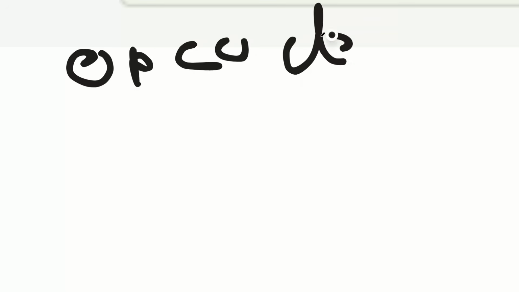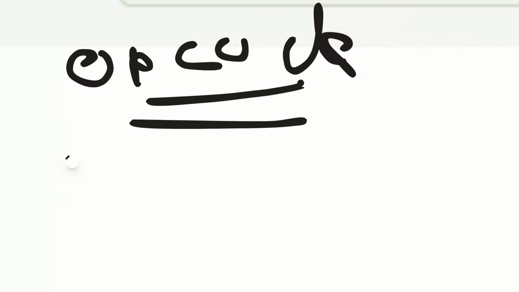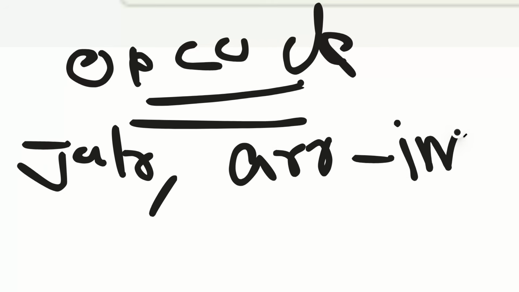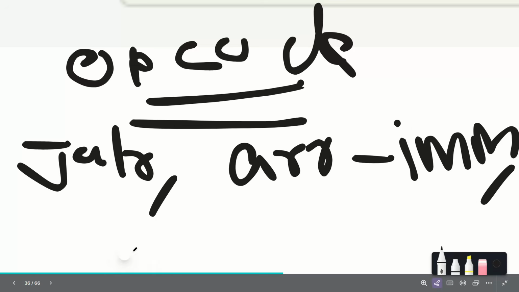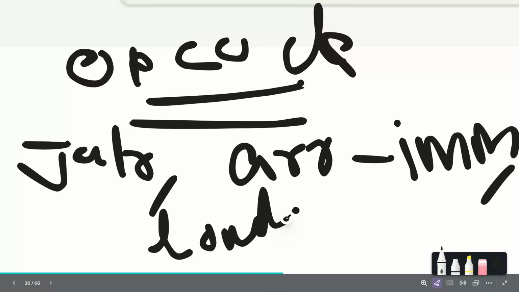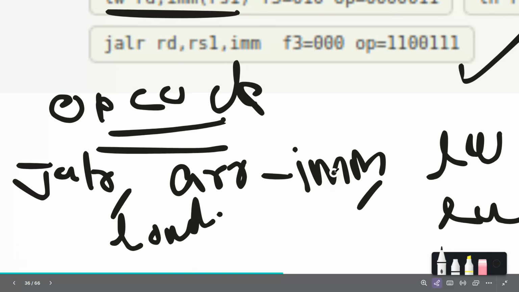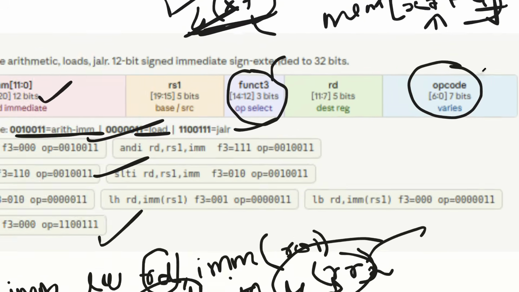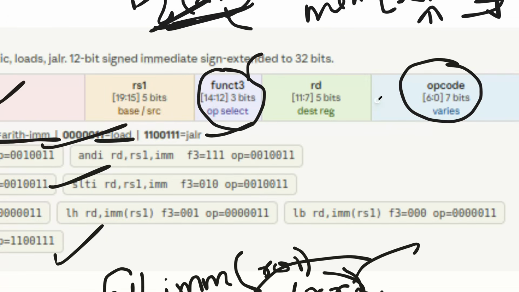In I type you have to learn the opcode of JALR, and also the opcode of arithmetic immediate operations, and also the opcode of loads. These are the opcodes you have to learn. So I am going to teach you the opcode values first. Okay.